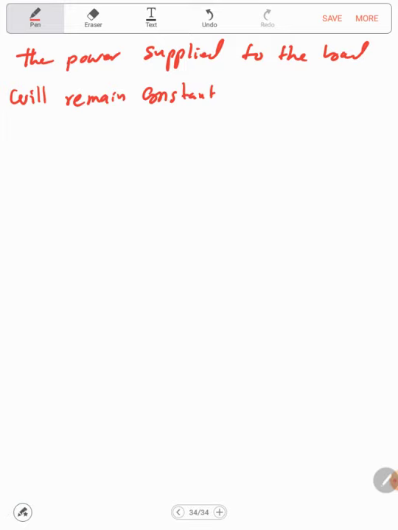So simply this means that EA sine delta is proportional with the power. This also will remain constant.